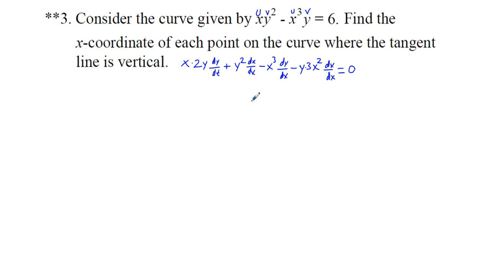Now we're going to take dx over dx. We'll cancel any place we see that. And anything without dy dx, we're going to subtract and put over on the right side.